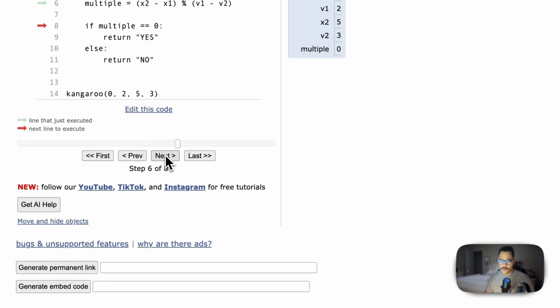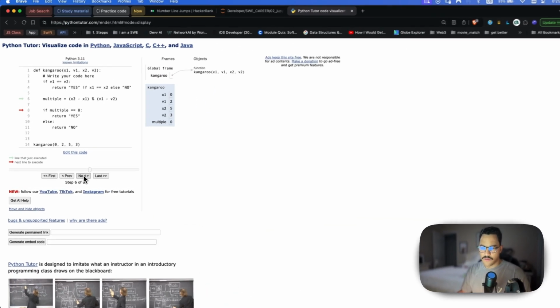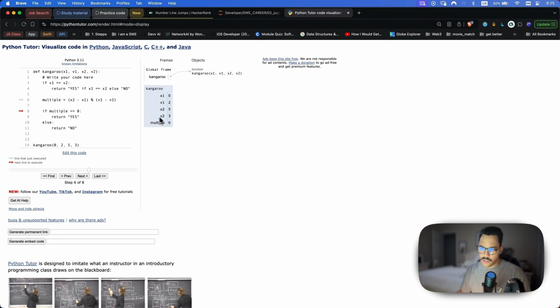We get the multiple, which is equal to 0, because why is that equal to 0? Am I doing something wrong? I'm assuming here that this one multiple, so it shouldn't be, okay.